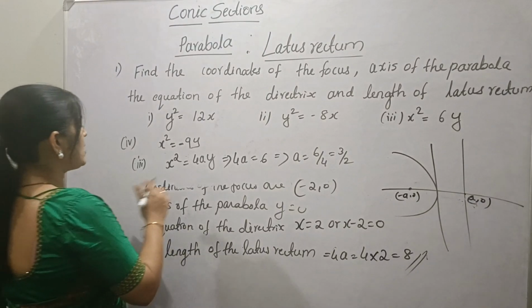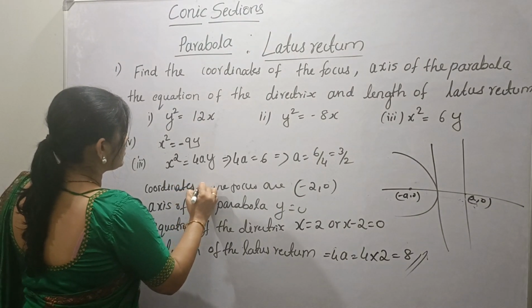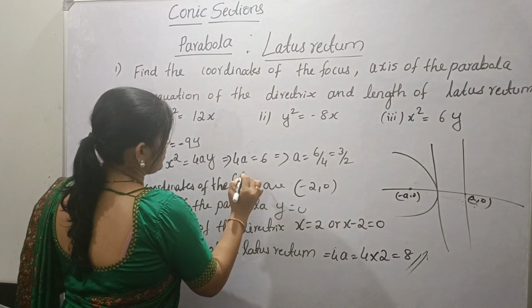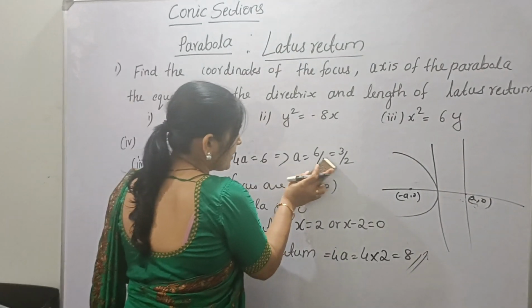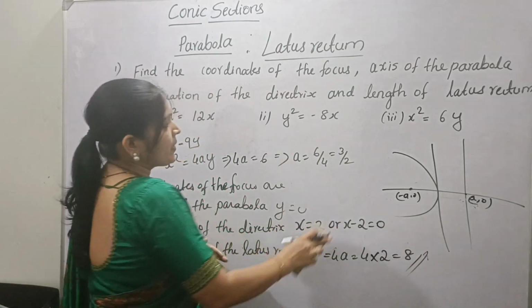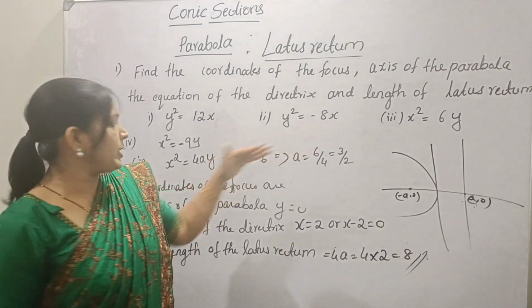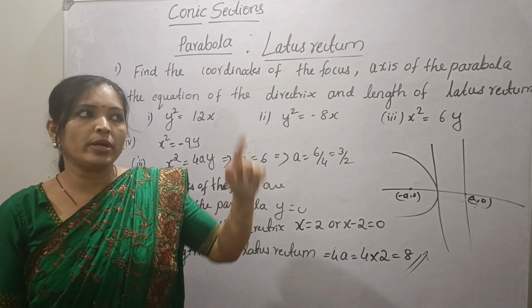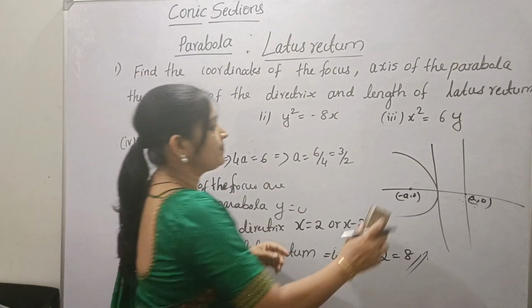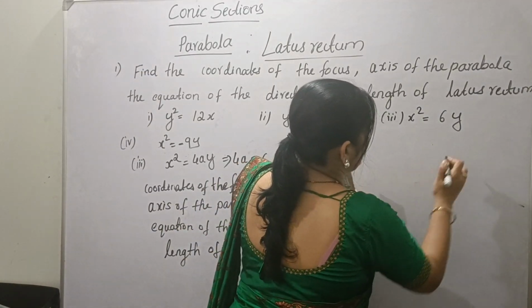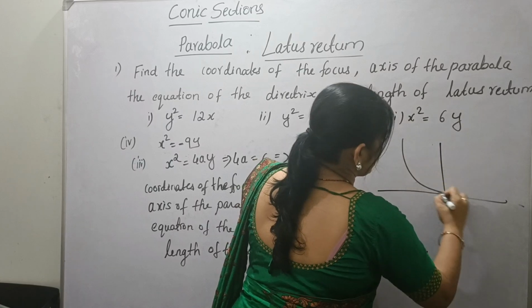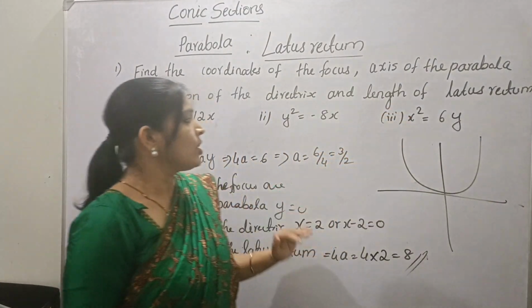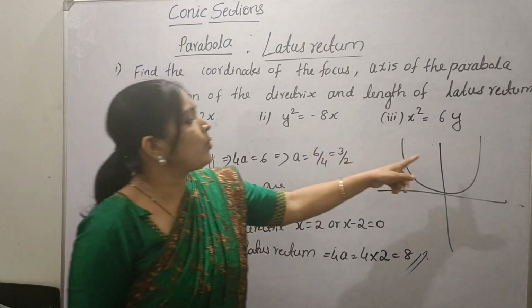And what are the coordinates of the focus? Compare this equation: x square is equal to 4ay means the parabola is towards upward, that is, towards the positive y-axis, an upward parabola. So here it is a positive point.